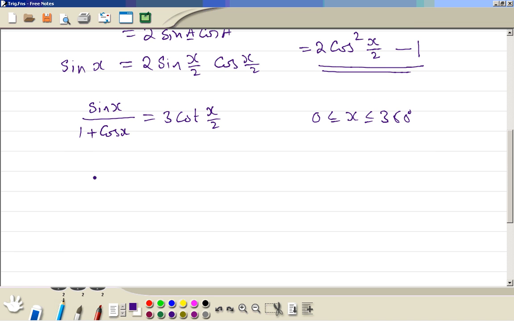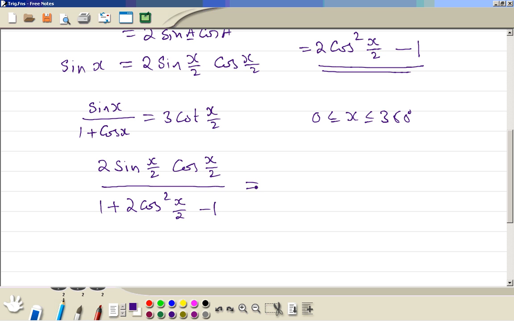So on the top we have 2 sine x over 2 cosine x over 2. On the bottom we have 1 plus 2 cosine squared x over 2 minus 1, is equal to 3 cot x over 2.